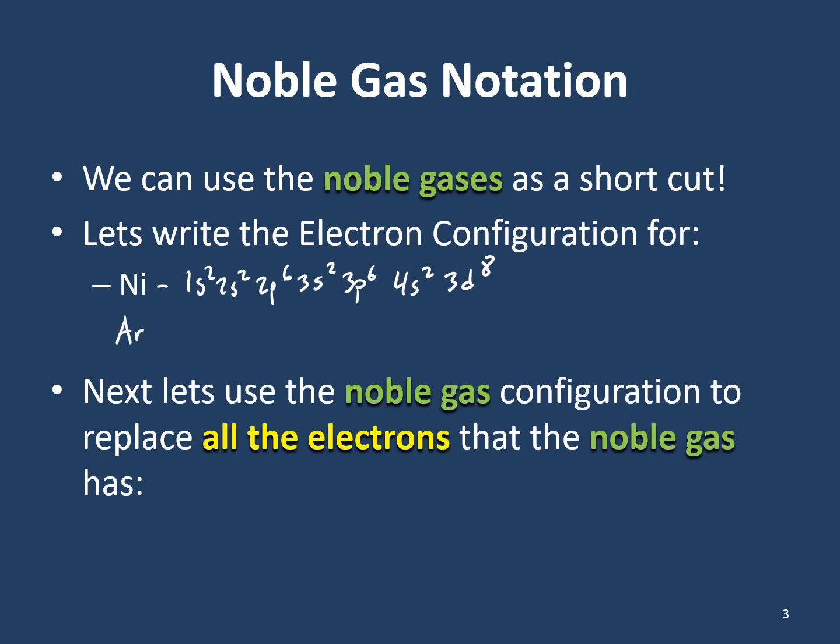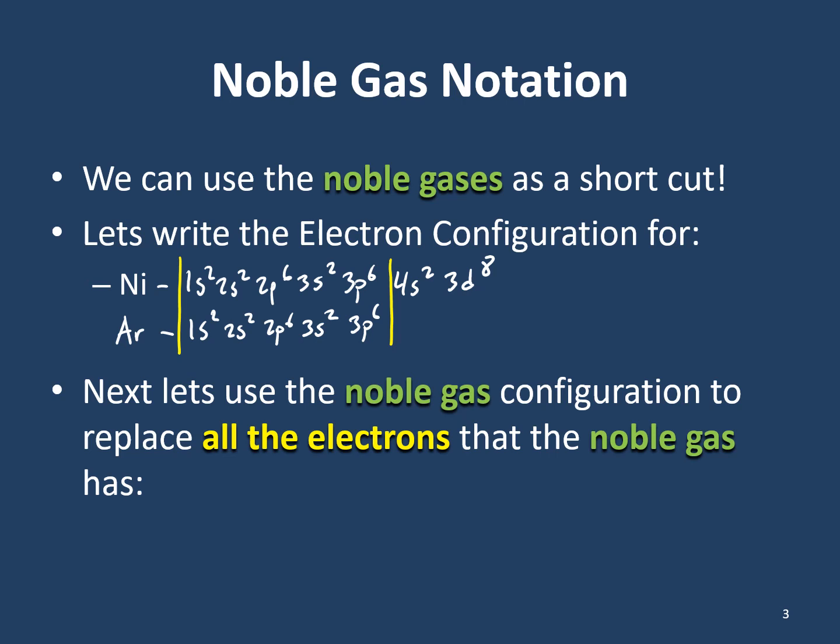If we write out argon's electron configuration, it's 1s2, 2s2, 2p6, 3s2, 3p6. I don't know if you guys notice, but that part of nickel's electron configuration and argon's electron configuration are identical. And so this is a way we can shortcut the process.